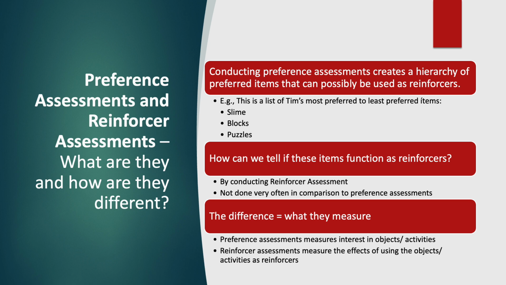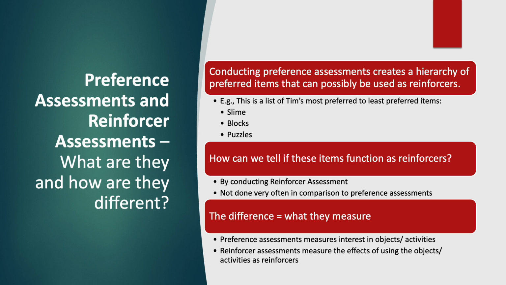Okay, so preference assessments specifically are a set of specific assessments that were developed to aid in identifying possible or potential preferred items and potential reinforcers. What these preference assessments allow us to do is create a hierarchy of preference.